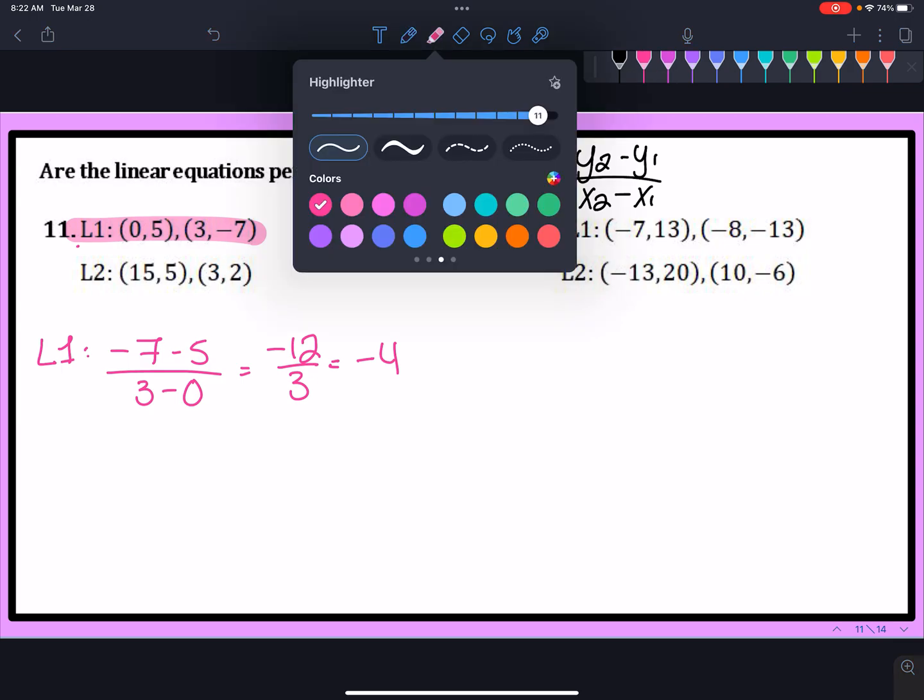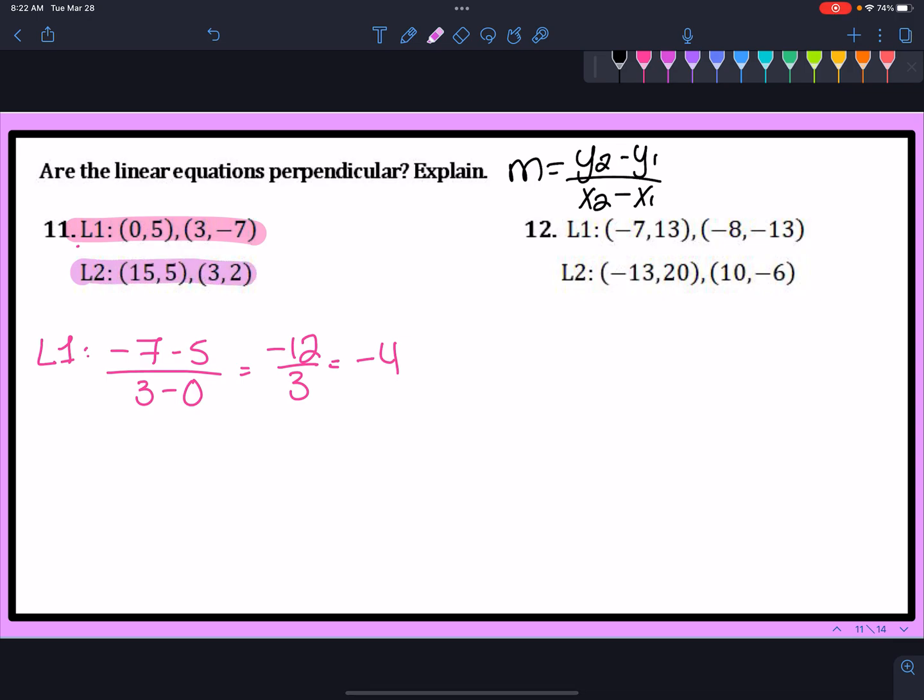As for the second equation, line 2, I'm going to do 2 minus 5 over 3 minus 15. This gives me negative 3 over negative 12.